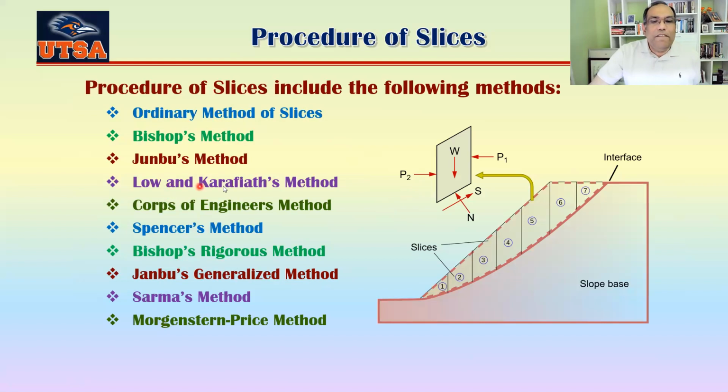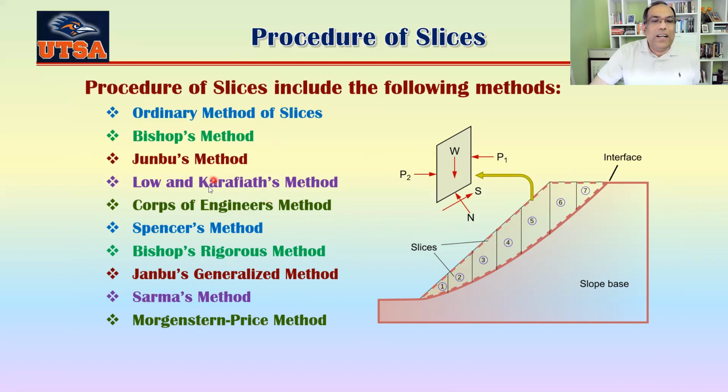Then Lowe and Karafiath's method, Corps of Engineers method, sometimes called the modified Swedish method, Spencer method, Bishop's rigorous method, Sharma's method, and Morgenstern-Price method. A lot of methods there, but hand calculation for all of these might be very, very difficult.